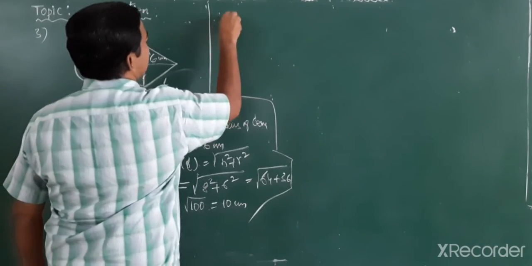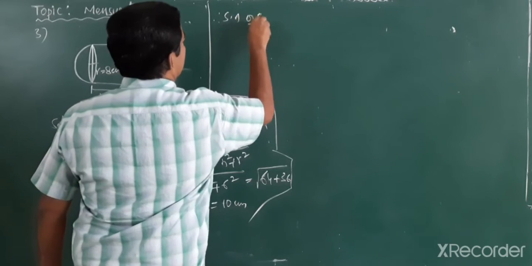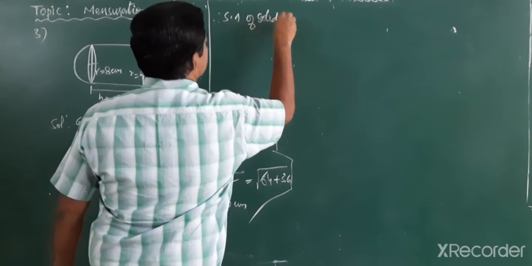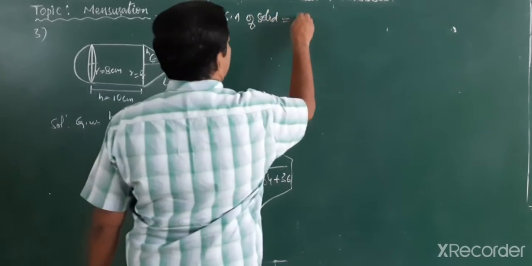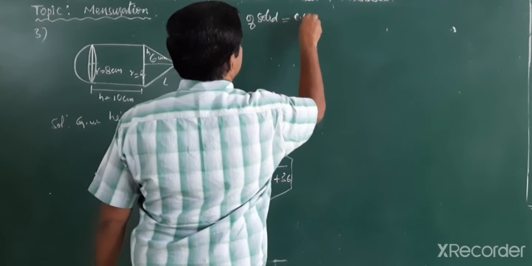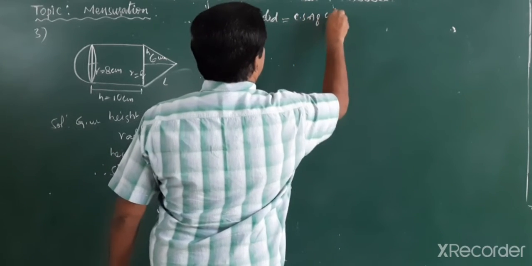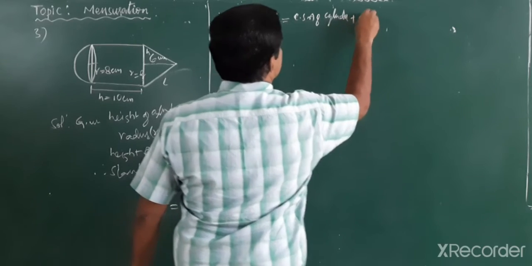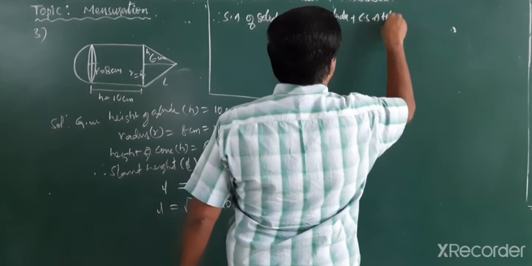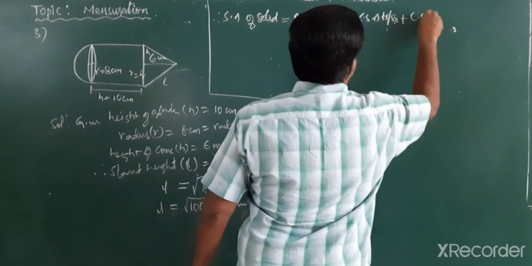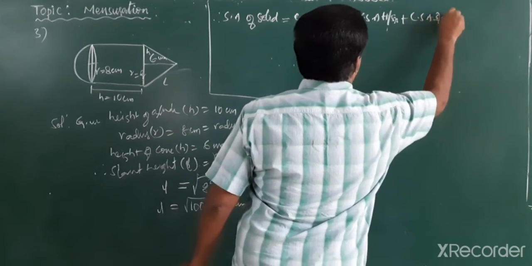Therefore the surface area of the solid is equal to the curved surface area of the cylinder plus the curved surface area of the hemisphere plus the curved surface area of the cone.